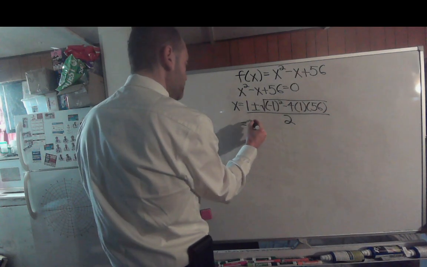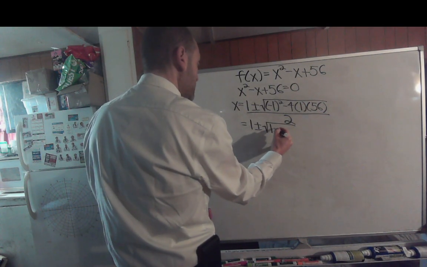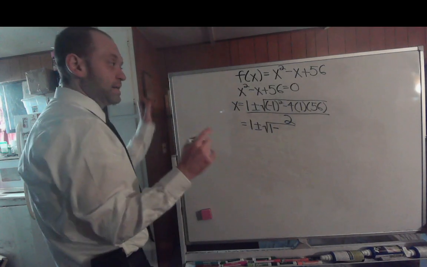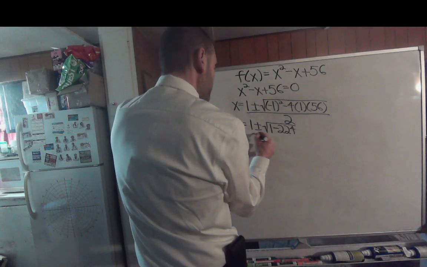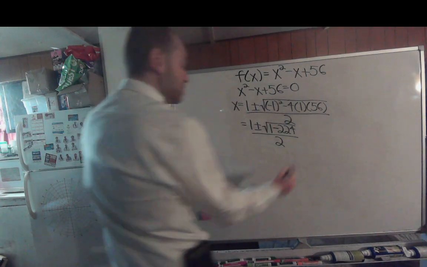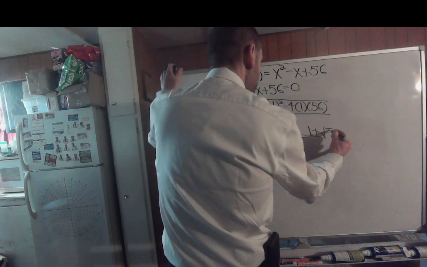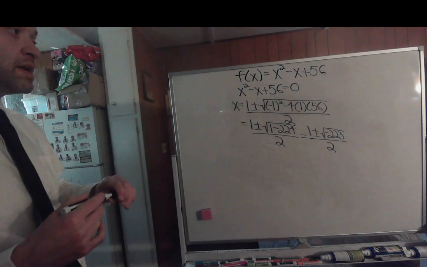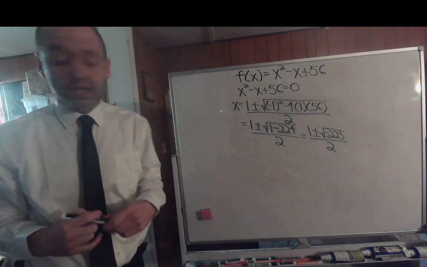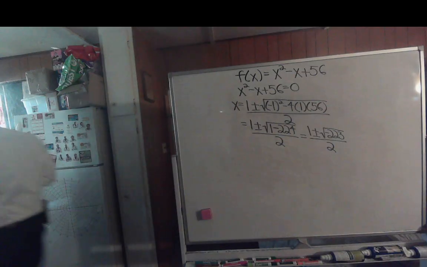So this would turn into 1 plus and minus the square root of 1 minus 224, all over 2, which would give you 1 plus and minus the square root of negative 223 all over 2. So now you probably see where this is headed. This is headed in the imaginary direction. And not sure if 223 factors.